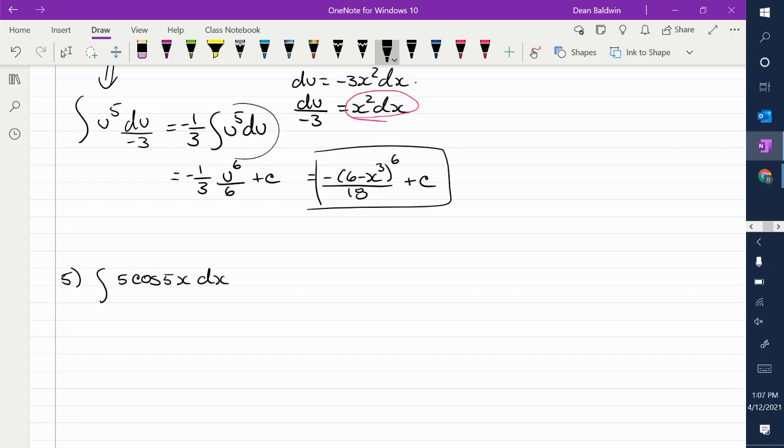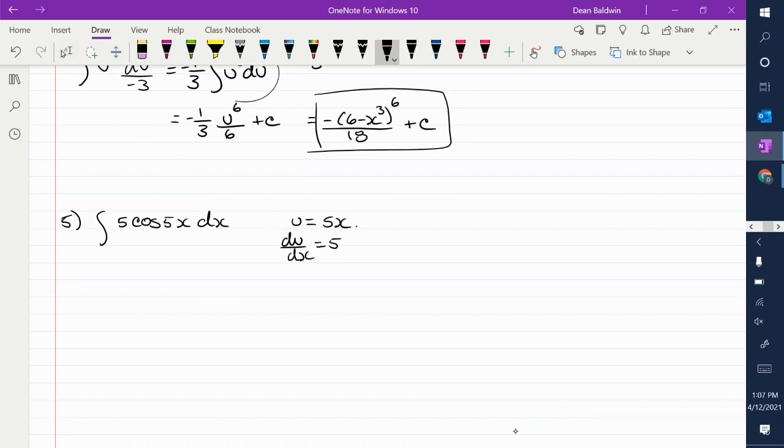Because what's the derivative of 5x? 5. Okay, so I do that. The derivative is equal to 5. What am I subbing out? Or what am I going to do now? du is equal to 5 dx.